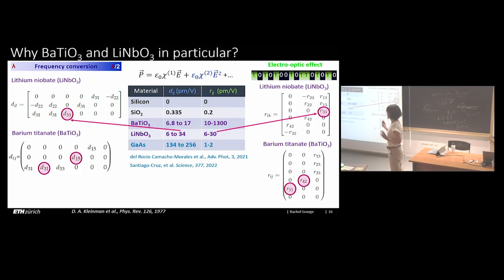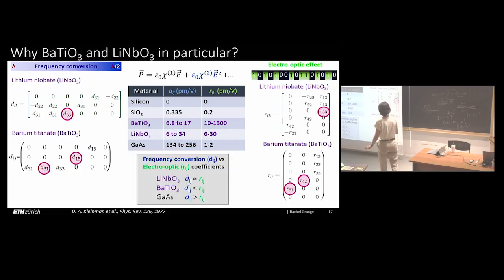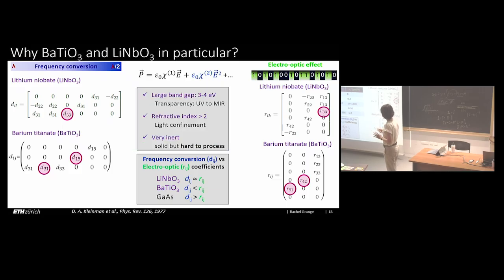But for barium titanate, you see, it is 2 to 3 orders of magnitude stronger. So better use barium titanate for the electro-optic Pockels effect, electro-optic conversion. And gallium arsenide, as you see, is good for frequency conversion, but it has almost no electro-optic effect there.